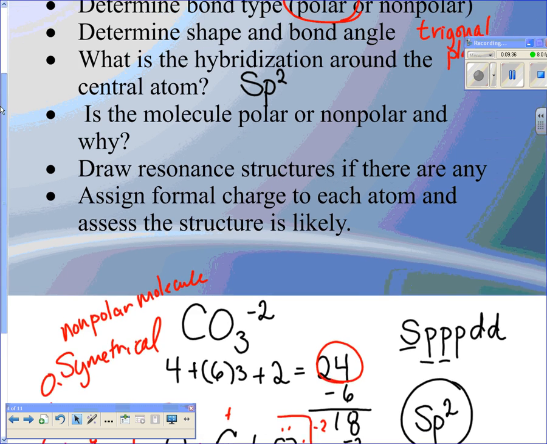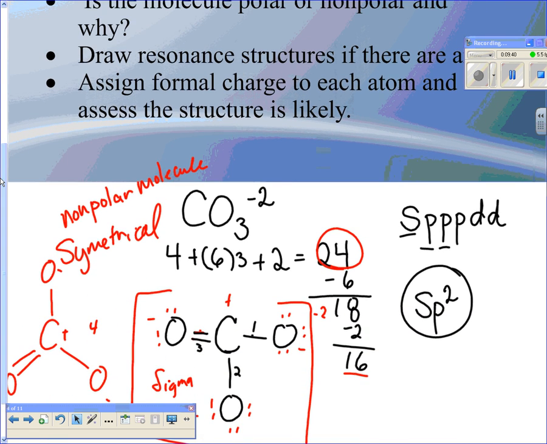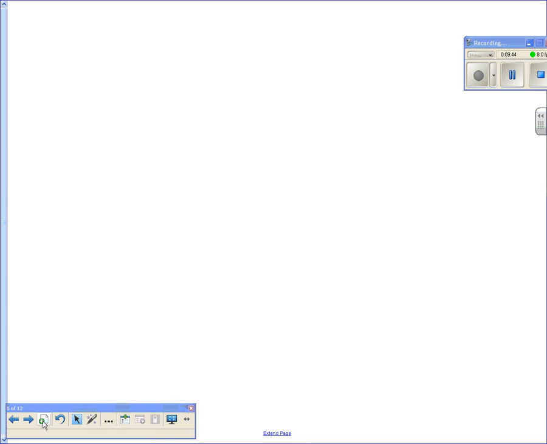So then the last question, draw resonance structures, if there are any, for this compound. And so I'm going to just go to a clean page. And again, remember that we have our oxygen. We drew originally our double bond down here, with our 2 lone pairs around oxygen. This one had 6 lone electrons, 3 lone pairs.